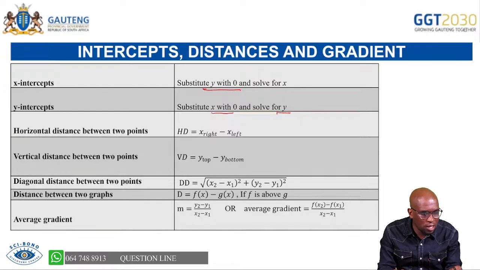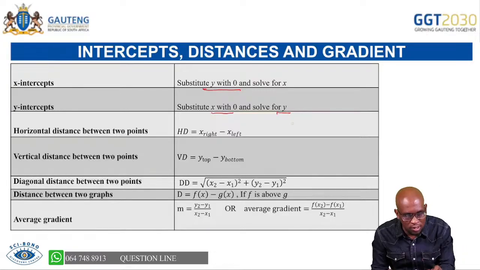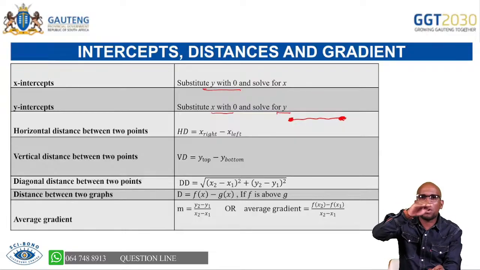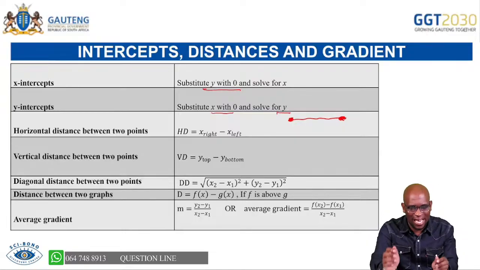Now, most important, when we want the horizontal distance, remember the horizontal distance is this particular distance here, where y is equal to 0. We are talking about the distance that is parallel to the x-axis.